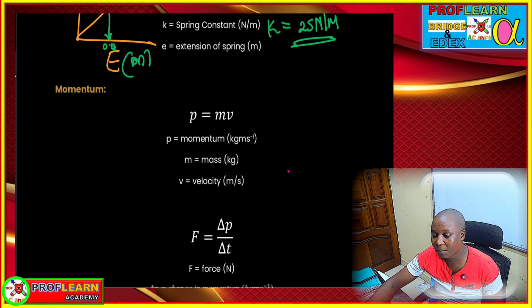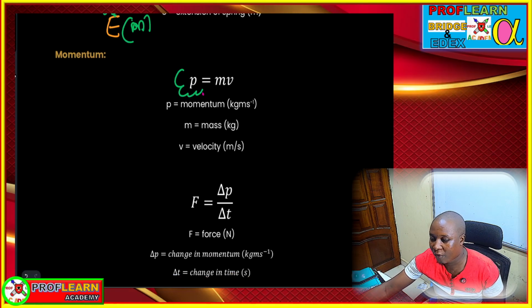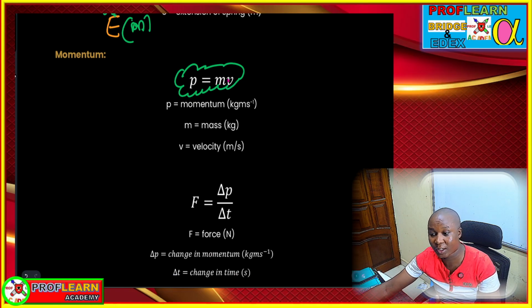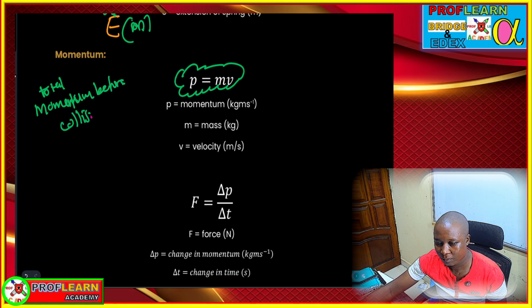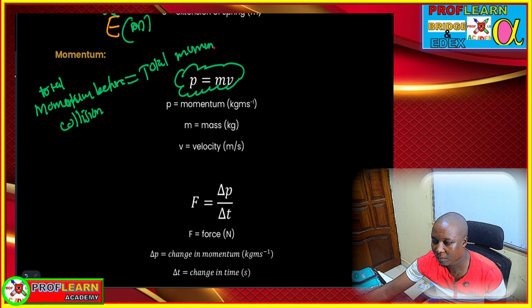Another formula that is important is the formula for momentum. Momentum is equal to mass times velocity, and remember momentum is a vector quantity. Also remember the law of conservation of momentum, which states total momentum before collision is equal to total momentum after collision.